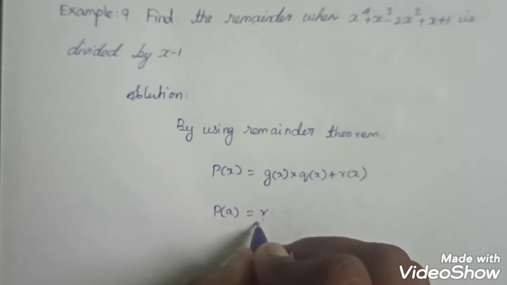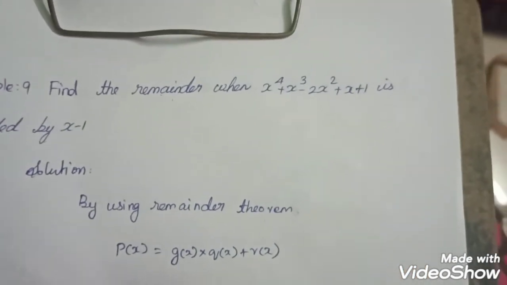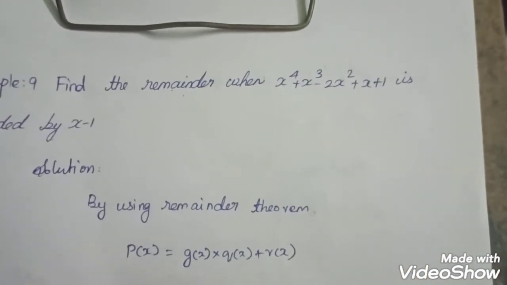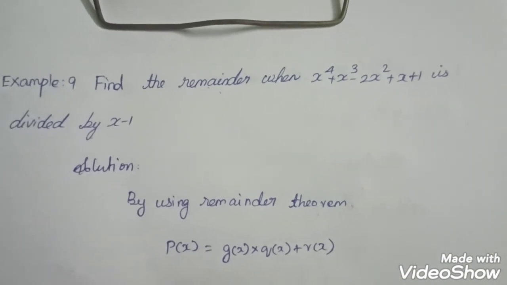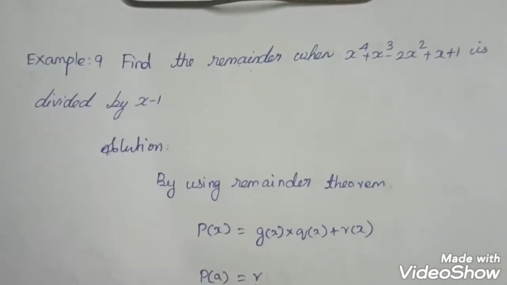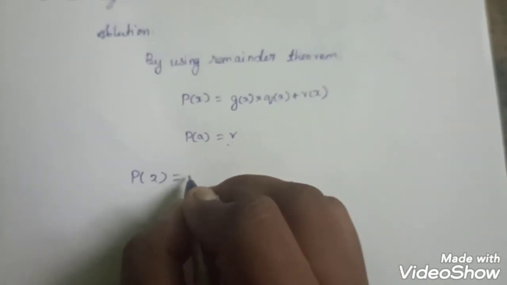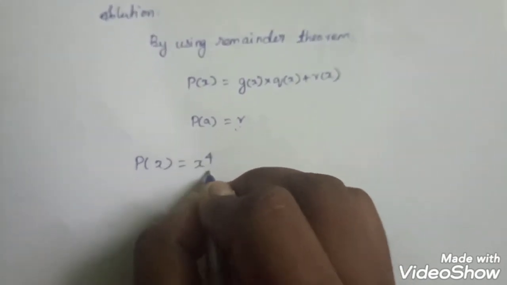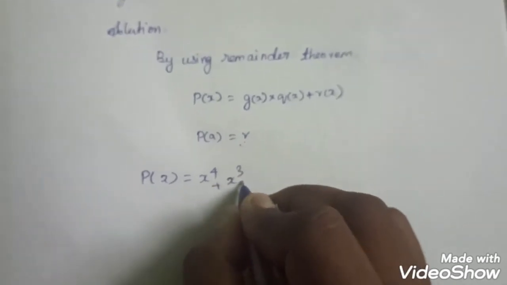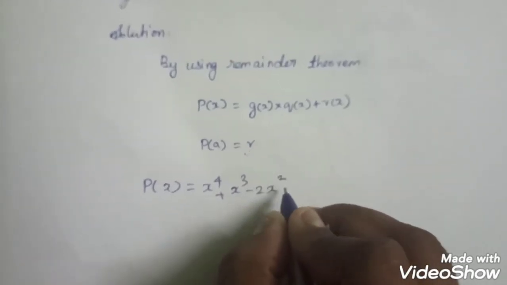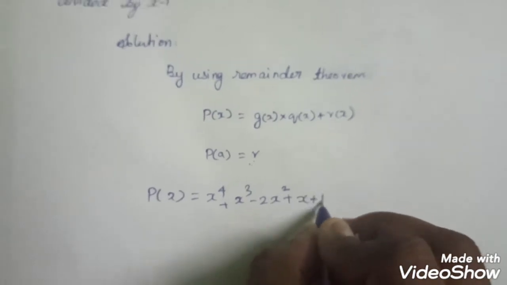We find out the remainder for x power 4 plus x cube minus 2x square plus x plus 1 divided by x minus 1. So p of x equal to x power 4 plus x cube minus 2x square plus x plus 1.